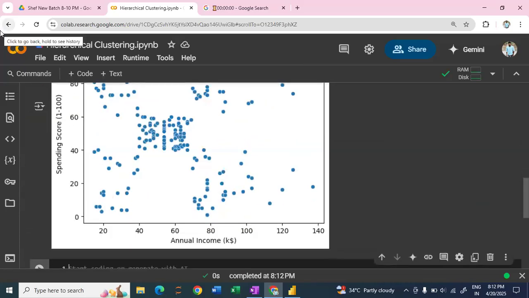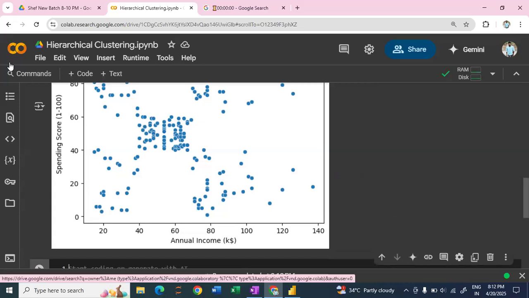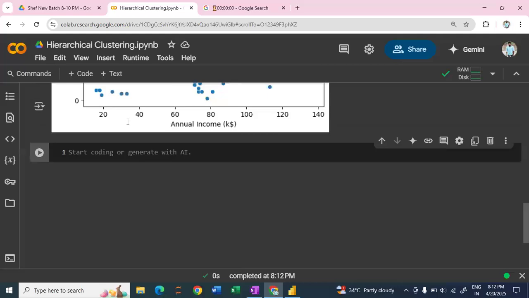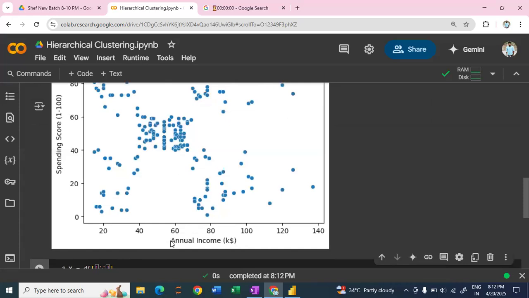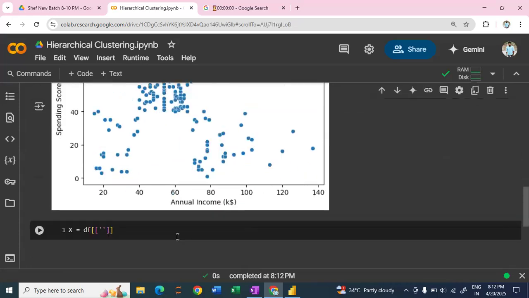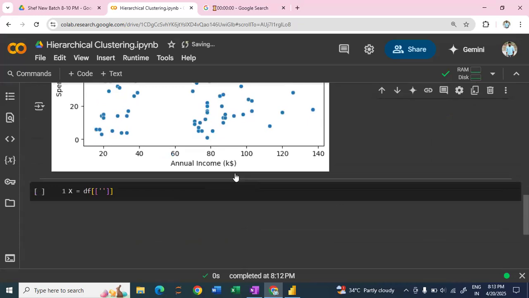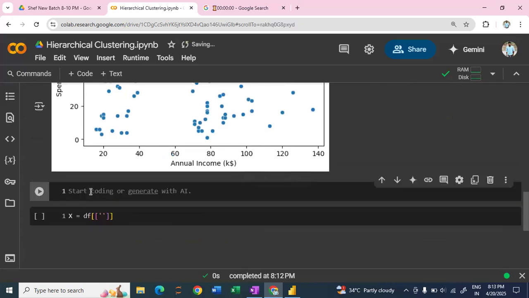Now, what I'm going to do is, in the X variable, I'm going to define the data from DF. I want DF dot columns.